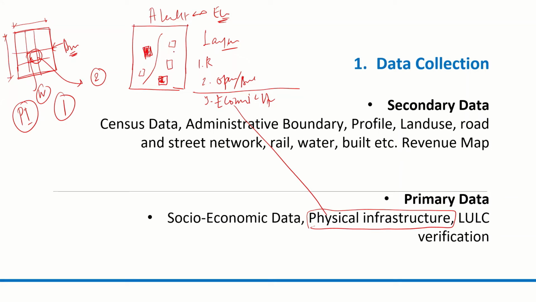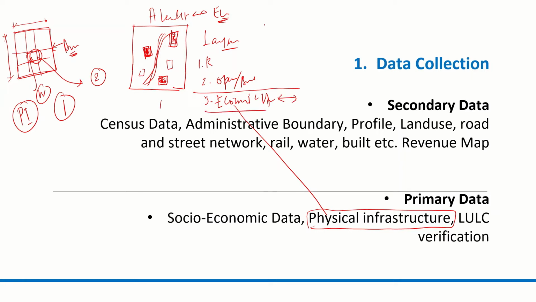We are not concerned with the details, just the locations. Which are the primary economic activity locations, and which are the secondary or ancillary supporting facilities for the primary activity. Okay, so it can be one of the layers.